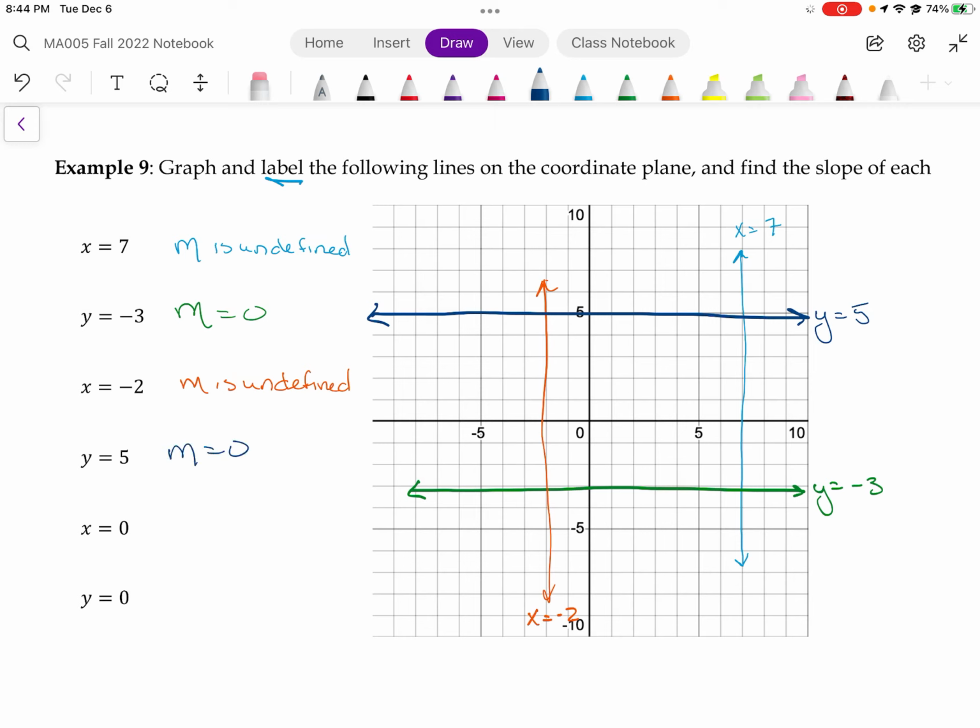All right, so what about x equals 0? Well, x equals 0 is the y-axis. That's what x equals 0 is. It's the y-axis, and that has slope undefined.